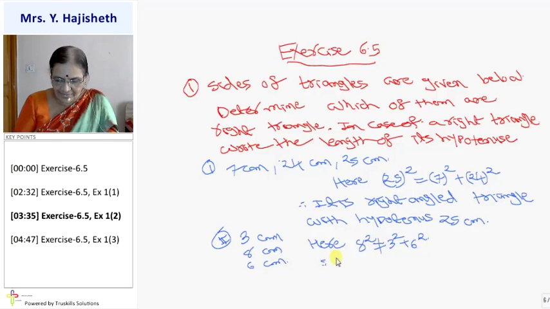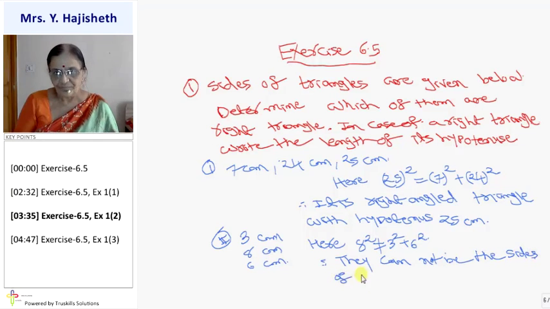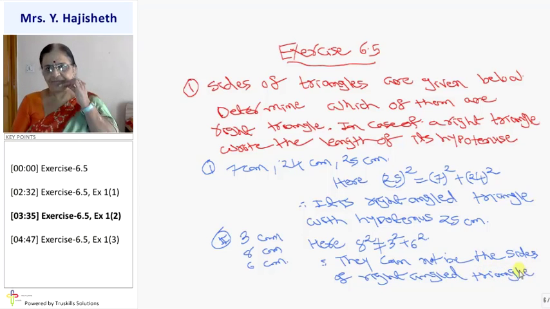So I can say that these cannot be the sides of a right angle triangle. So we need not find the hypotenuse; there is no question of a hypotenuse arising.